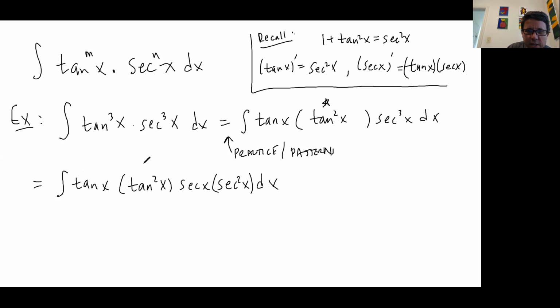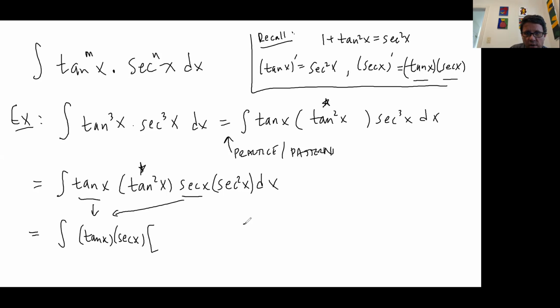Well, I want to use the identity on this up here, and then this tangent and this secant together are right there, tangent and secant together. So I'm going to rewrite a little bit. The tangent and the secant here become tangent secant. That looks pretty good. That's part of my answer up here.